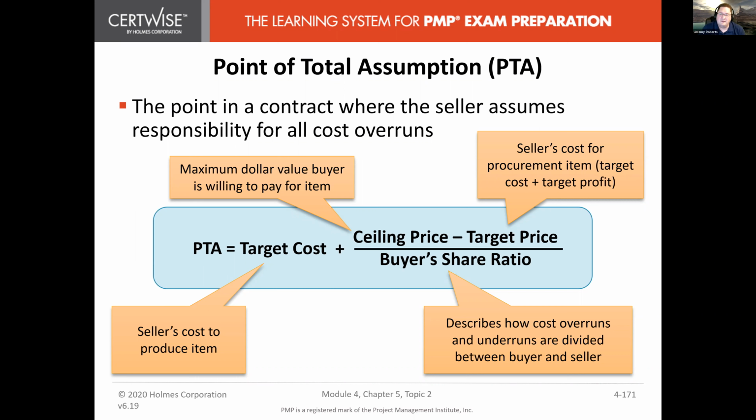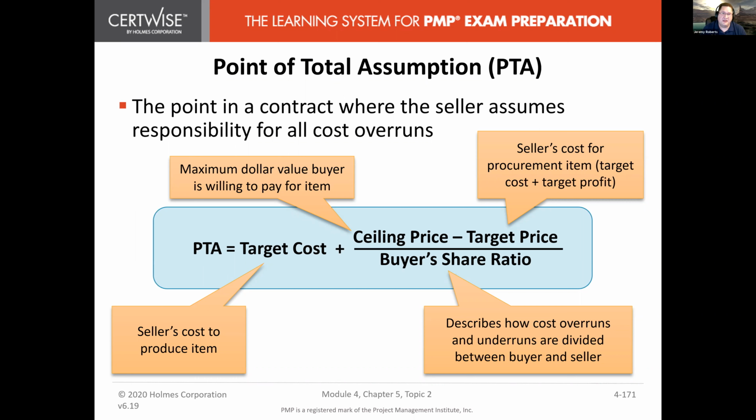So your ceiling price is your maximum price you're willing to pay. And then you have your target price. So target price is essentially the same as your target cost. Or, wait, let me rephrase that. No, your seller's cost, I'm sorry, is the target cost because they want to make some money, right?